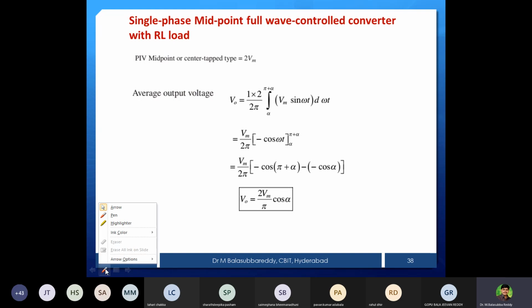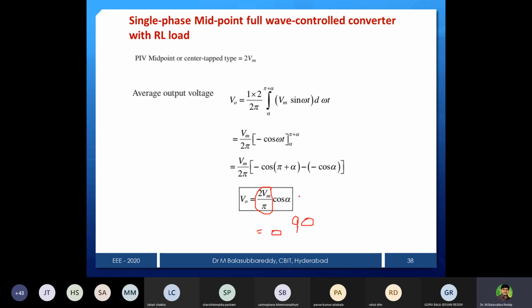Now from the expression itself, we can easily identify when it will be motoring operation and when it will be braking operation, or you can say motoring and inversion mode of operation. Put alpha as 0. What will happen? Cos 0 is 1. So what is your magnitude? Vm by pi. Put alpha as 90. Cos 90 is 0. Your output will be 0.